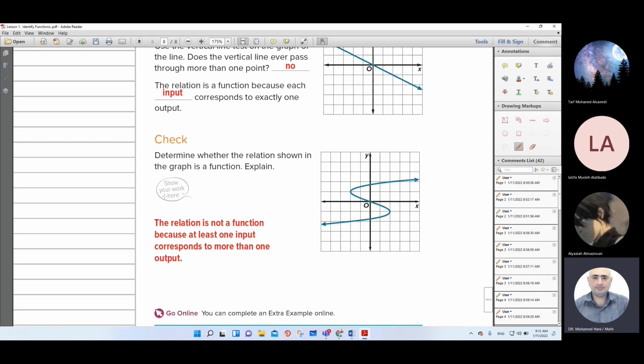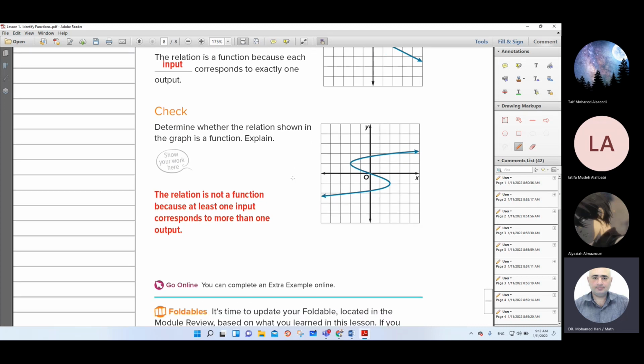In the second example here, determine whether the relation shown in the graph is a function. Explain. Okay, as you see here, we have this point and this point with the same value of x, 1 in x, 1 in x.